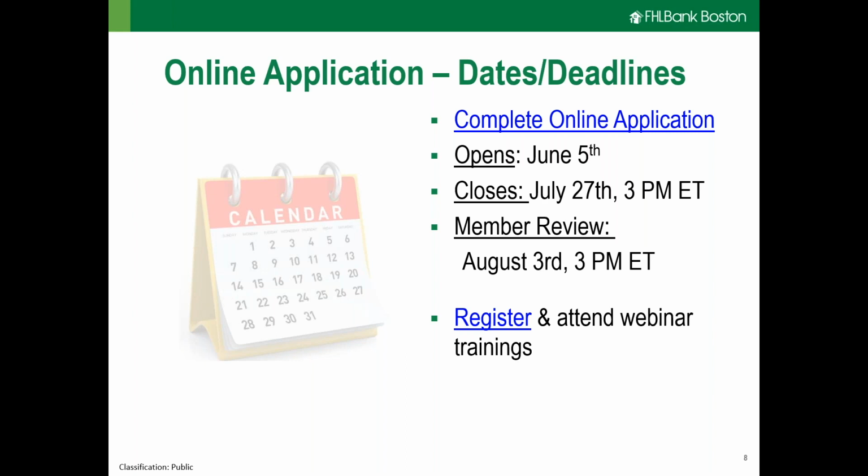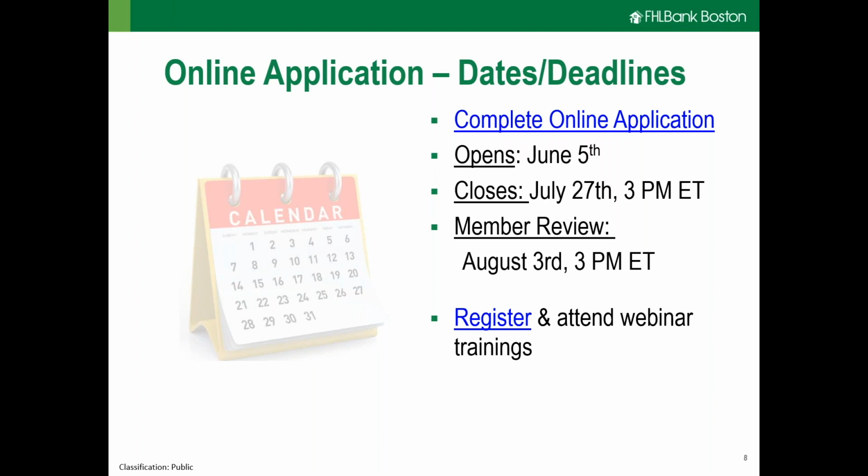Members have an extra week to review and electronically submit the online application by August 3rd at 3 p.m. Eastern Time. Really glad that you've attended today's webinar. We have our feasibility webinar on June 13th, and that's going to go into the details about how to put in your sources, your uses, your operating pro forma, and complete the online application to show us eligibility, feasibility, and need for subsidy.